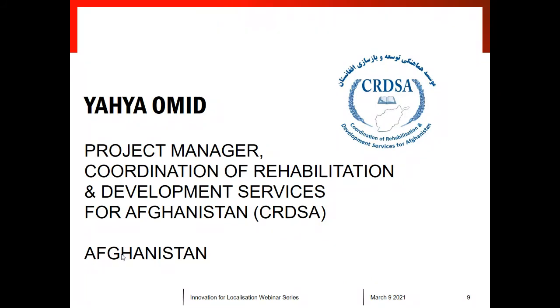We have had good experience implementing almost impossible projects within the most hard to reach areas. So keeping in mind our localization project and the Grand Bargain commitments, I highly encourage and request donors to always consider local partner engagement in any sort of funding that they provide, and be flexible on that. Over. Thank you.